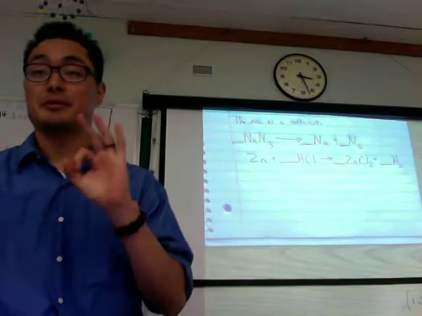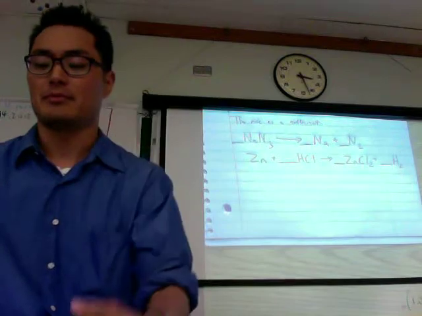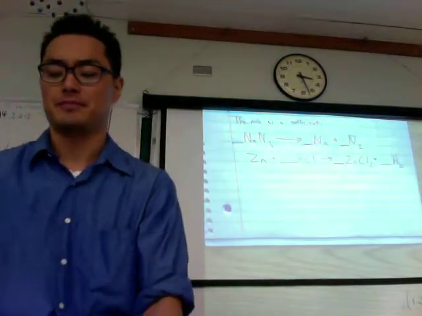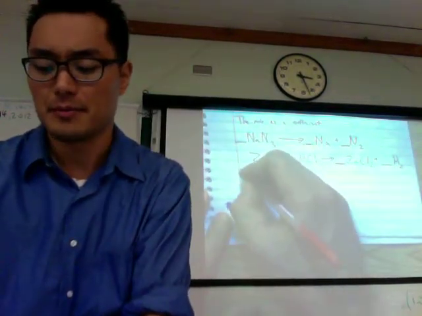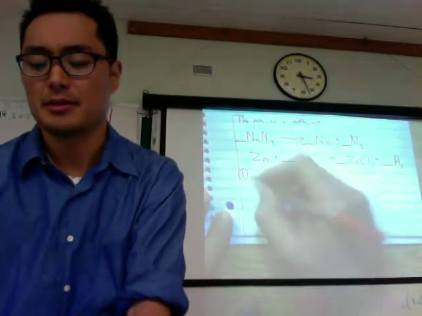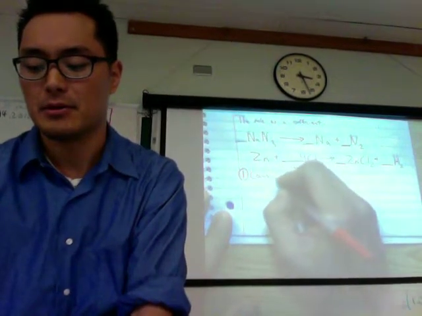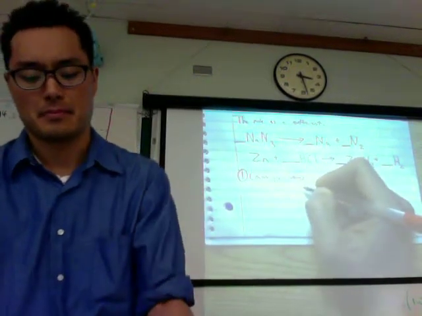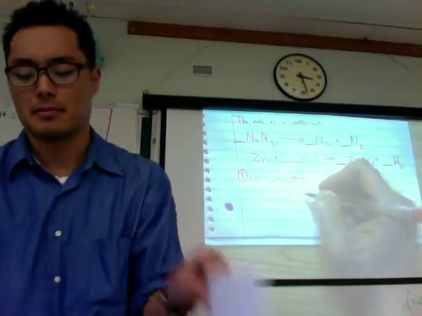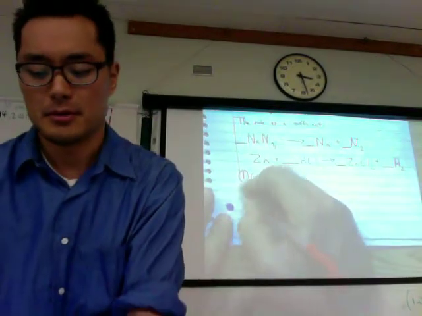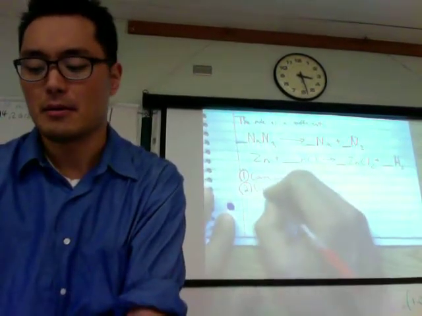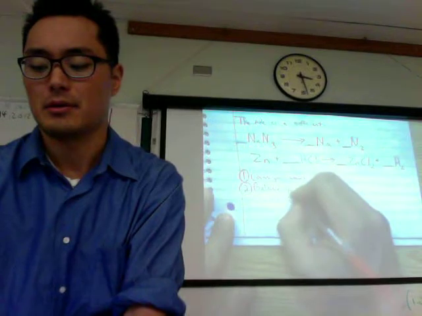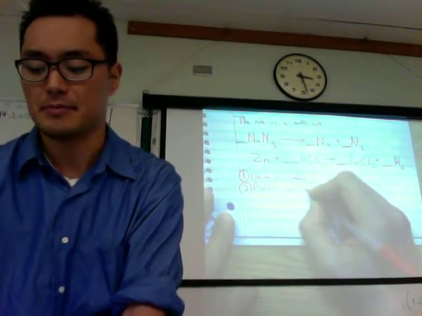Now there's 3 steps that you want to always keep in mind when you use a mole as a coefficient. Step number 1 is count your atoms. Number 2, balance your atoms.